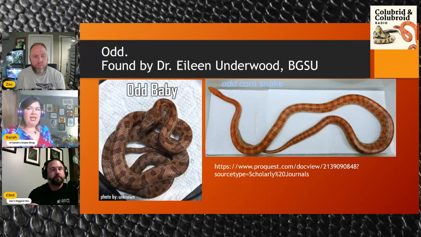I bred my het odd male to this female, and I also bred him to a Keys female, because I really wanted to go in a Keys direction with this. I don't know if you guys know what Keys corn snakes look like. They're a little bit lighter in color. They're usually missing a lot of the belly checkers. They were even thought to be a different species at one point, or a subspecies. So I bred him to the Keys, and she completely slugged out, which is unusual for her.